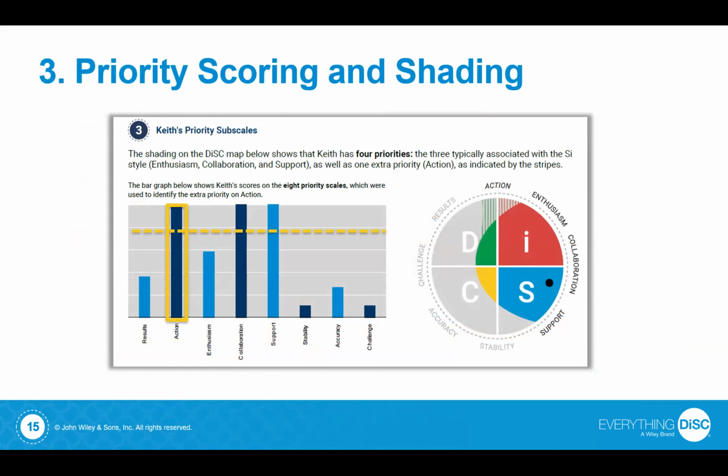So if you have a priority that's not one of your allocated 3 that scores above 78%, you will get the stripe shading as I have here. Okay. Roughly 32% of people get one additional priority. 3% of people get 2 additional priorities.